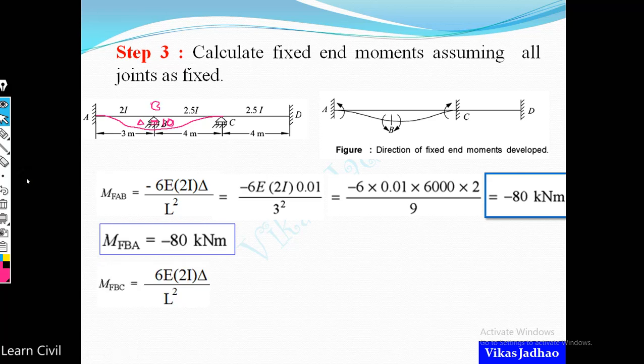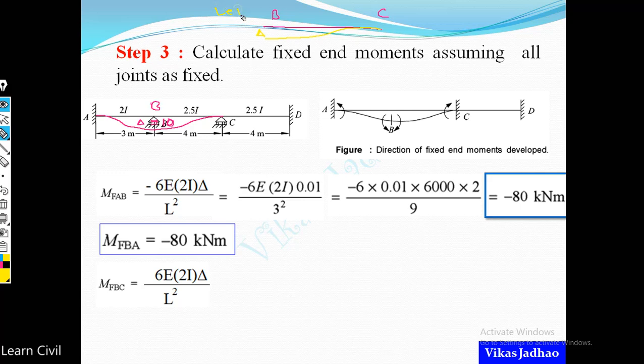For span BC, the equation will be minus 6 EI delta upon L square. But for span BC, the deflected shape is something like this. The left support is sinking here, this is delta or sinking of support.